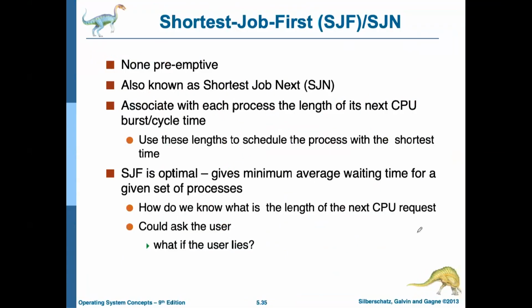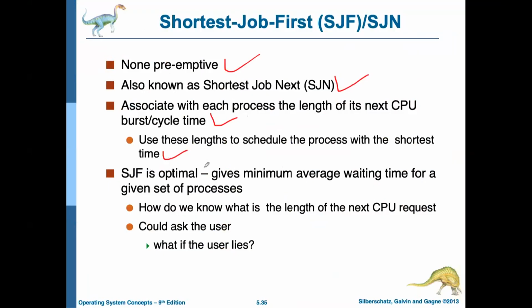Next, SJF or SJN, shortest job next. This is non-preemptive. SJF, shortest job first, is also known as SJN, shortest job next. Associate with each process the length of its next CPU burst cycle time. Use this length to schedule the process with the shortest time.